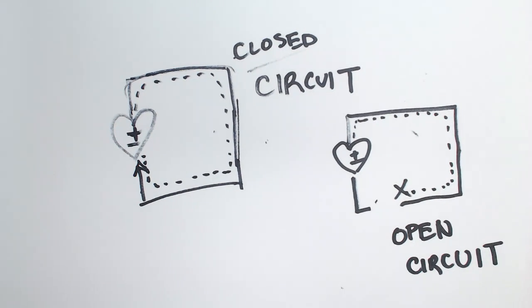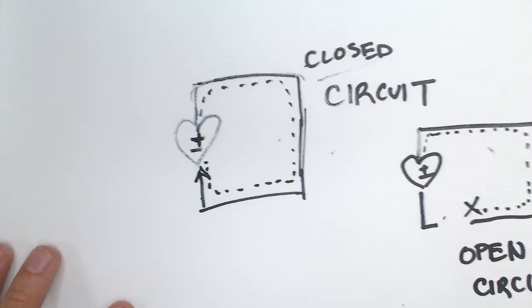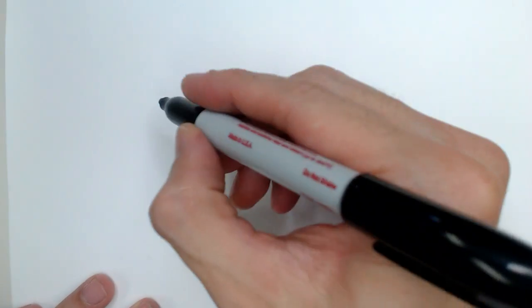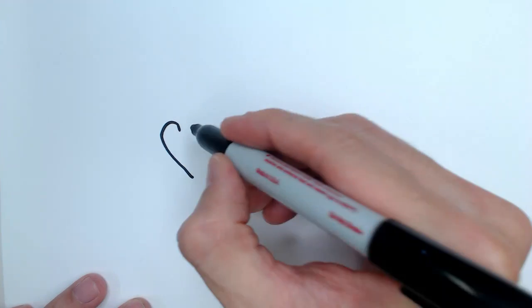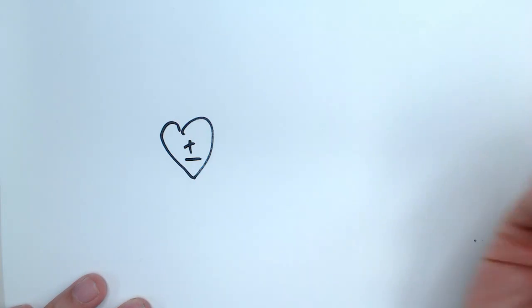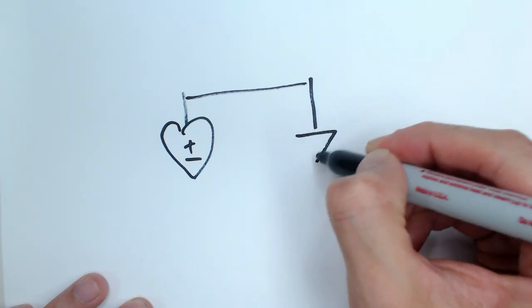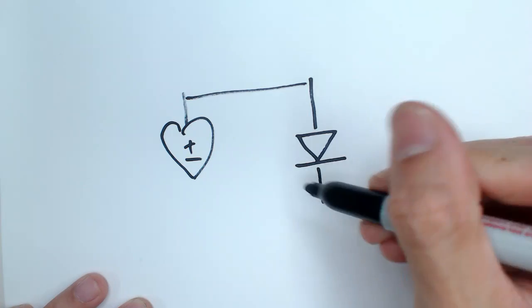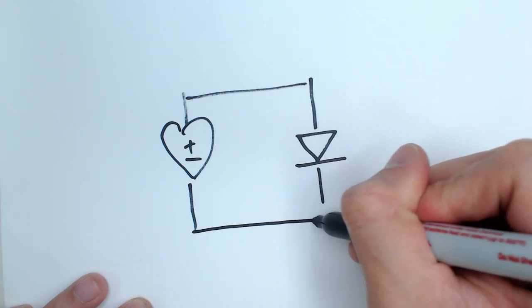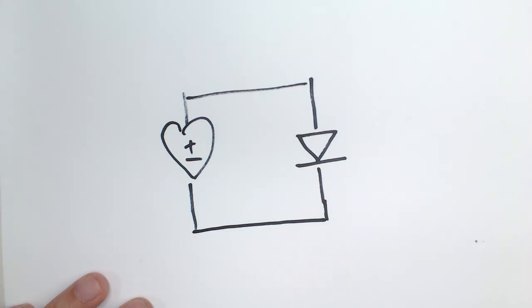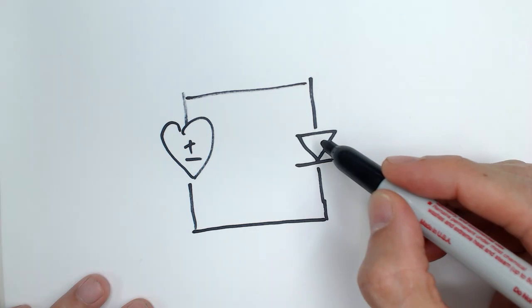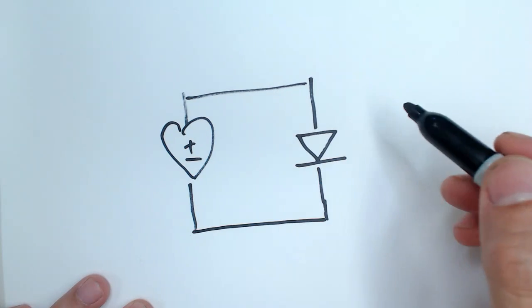Okay, so now let's go another level here. So going back to our circuit. There's our battery here. What if we create a circuit and then we add something to it? So what's going on here is that this is in the path of the closed circuit.